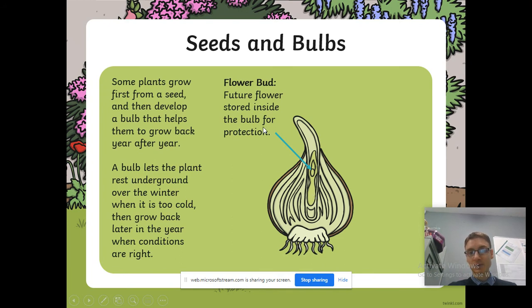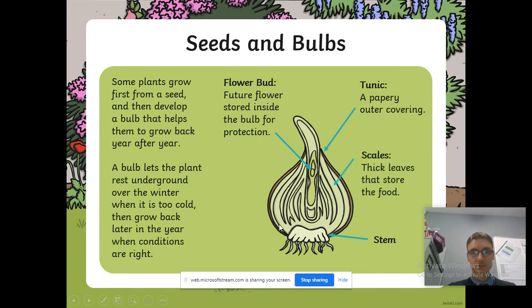The future flower is stored inside the bulb for protection, so you can see it within it, whereas the seed doesn't have that. And then you can see, look, there's the stem as well, ready to grow out of it too. And it's got the tunic, so there's another difference, isn't it? And then inside it, there are thick leaves that store the food.